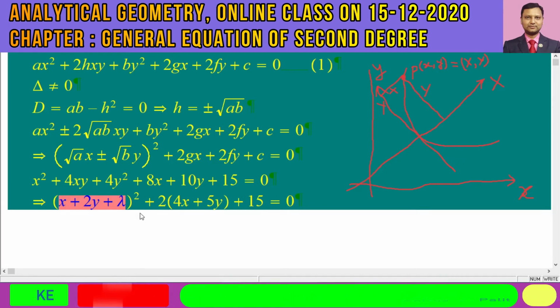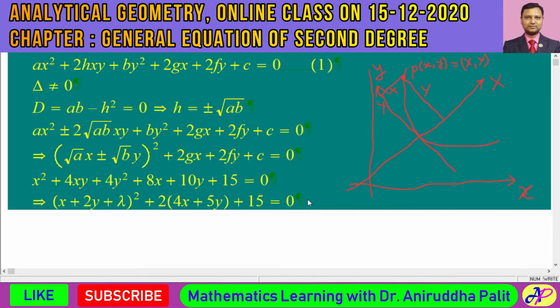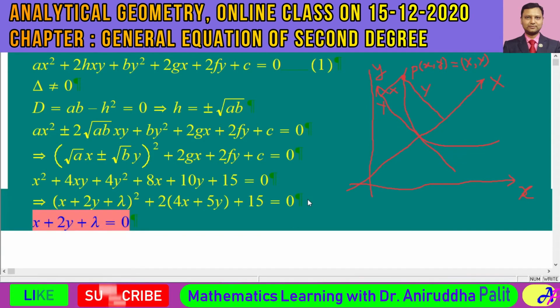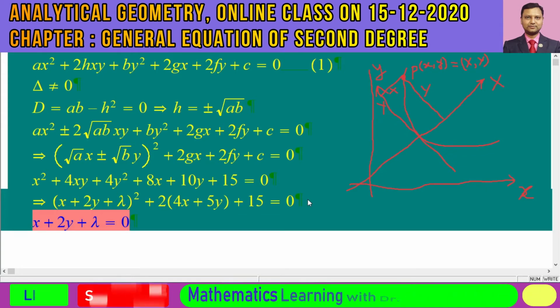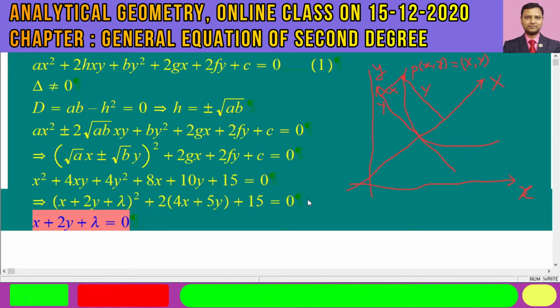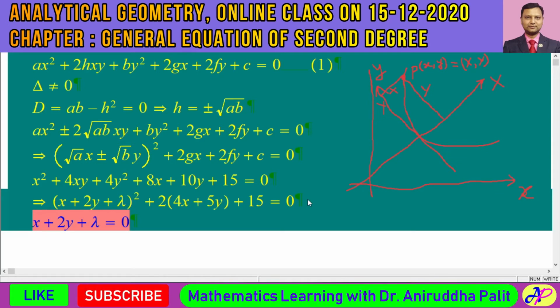You see, if we make this expression equal to 0, then this is a first degree equation involving x and y, and we know that this kind of expression always represents a straight line.